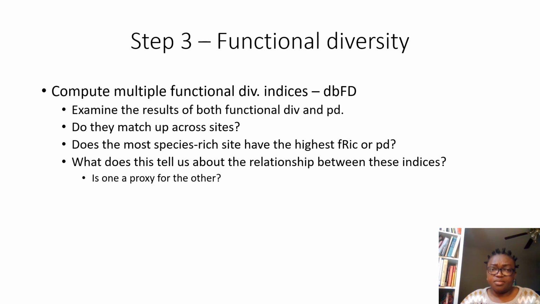So you want to check this out. So functional richness to PD to species richness, because you would also get species richness values reported on the side. If you check this out, what does it tell you about the relationship between these indices? It could be one thing or the other. It's really up to you to infer and evaluate what you're seeing.